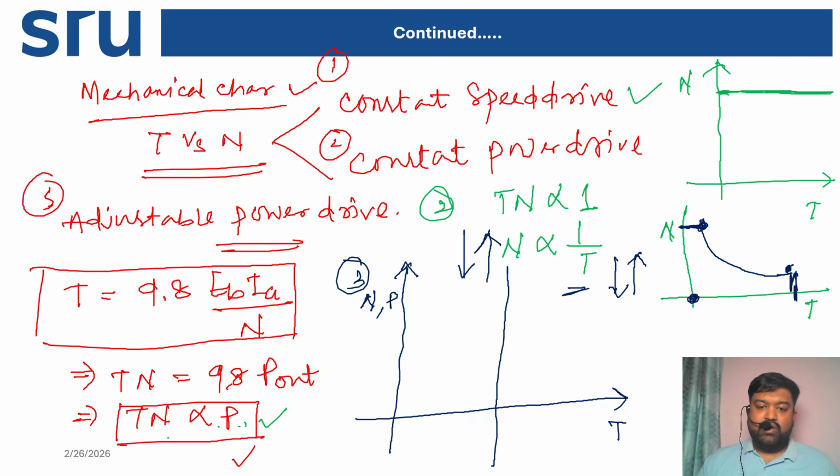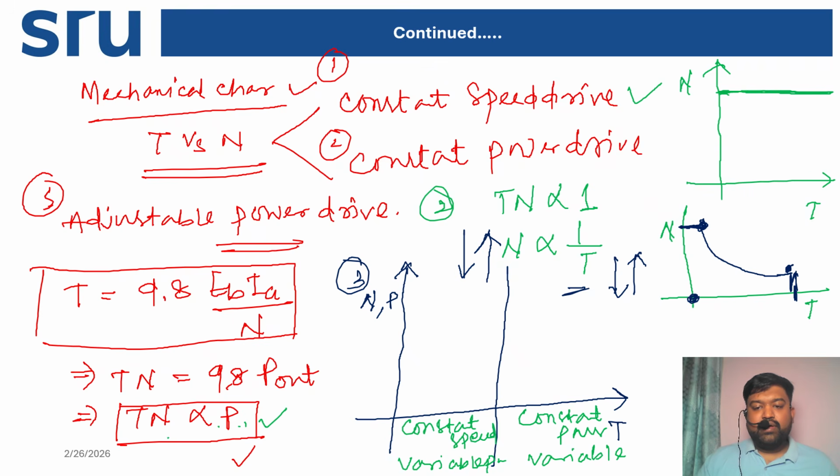One is constant speed, variable power. And the other is constant power, variable speed. First condition we will derive: constant speed, variable power.